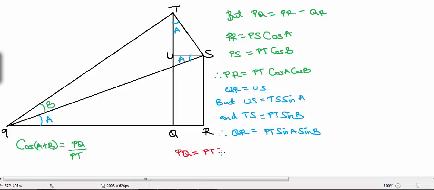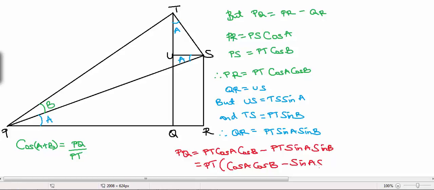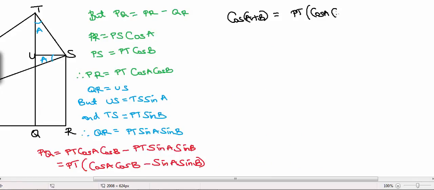And TS can be also expressed in terms of sine B using the bigger triangle, that is PT sine B. And therefore QR is equal to PT sine A sine B. And once we put it in the equation for PQ, you'll obtain PT cos A cos B minus PT sine A sine B. PT is a common factor, you pull it out, and once you replace for PQ in our equation for cos A plus B, you'll obtain cos A plus B equaling cos A cos B minus sin A sin B. That is the compound angle for cos A plus B.